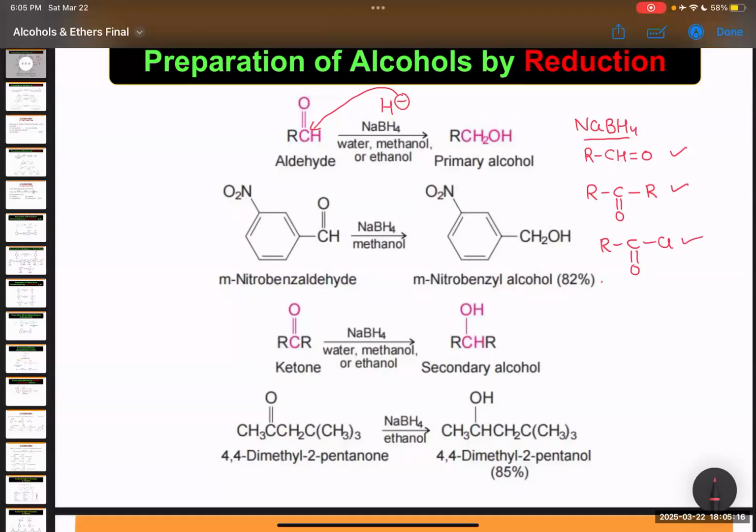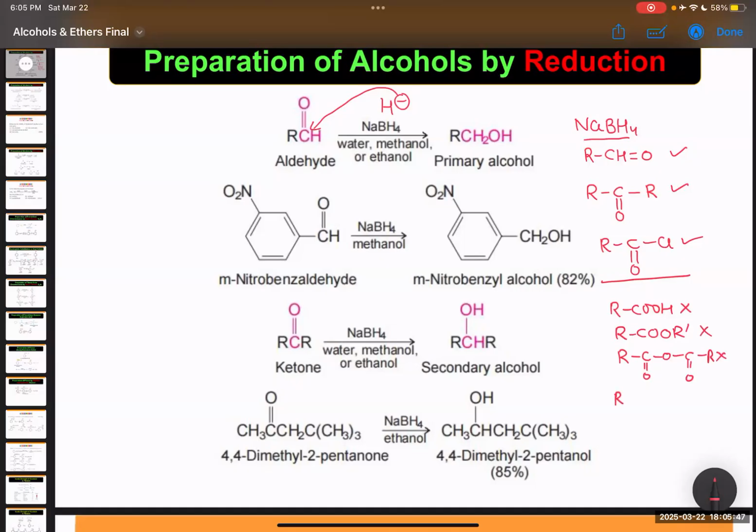But NaBH4 being a weak reducing agent can't reduce carboxylic acid or the rest of its derivatives except RCOCl. It can't reduce ester, it can't reduce anhydrides, and amides.